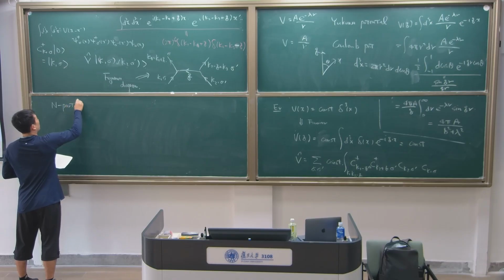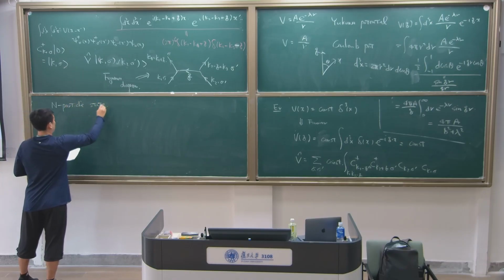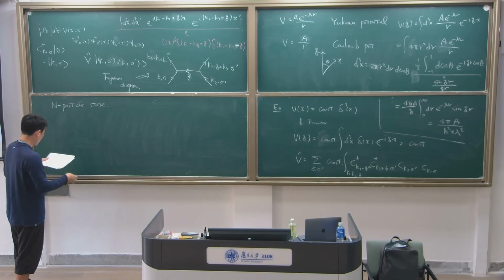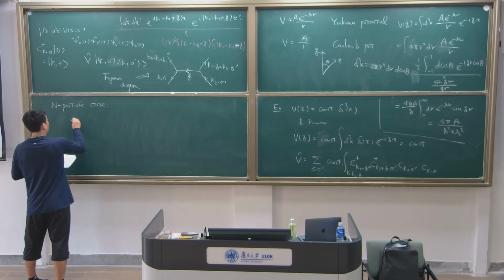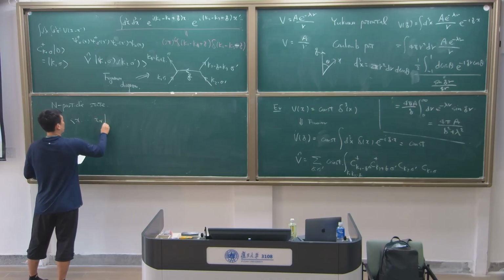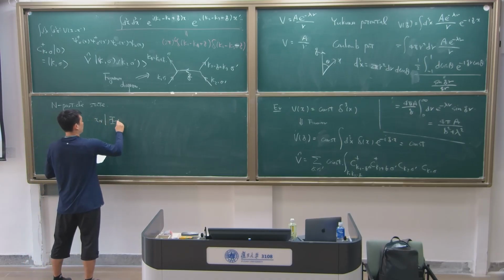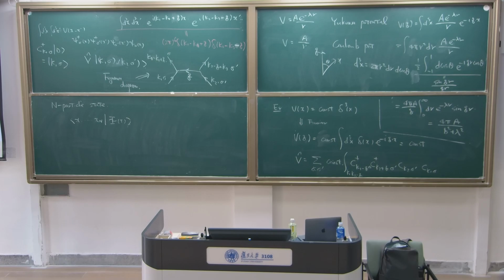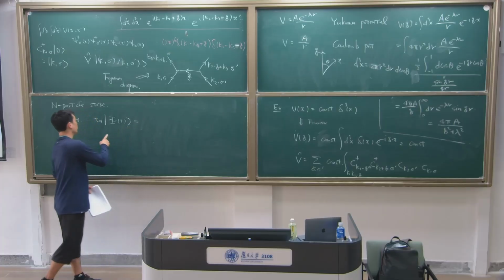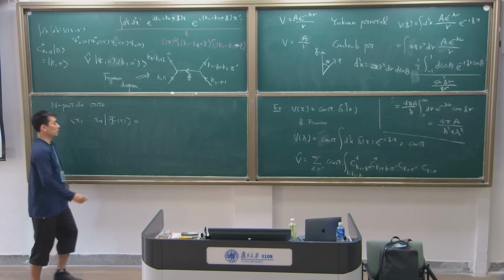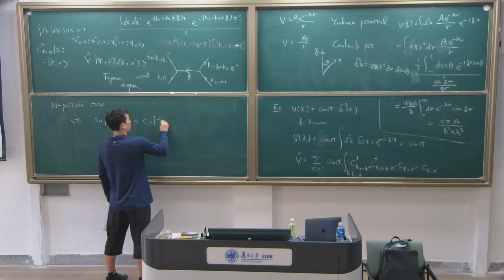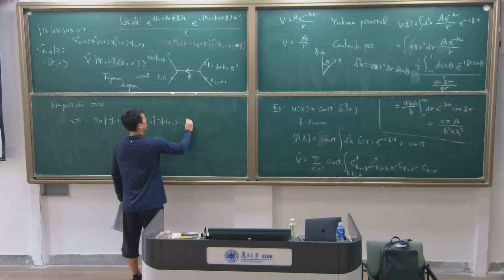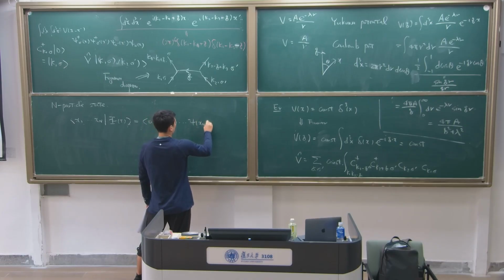So the n particle state is some overlap between electrons, of x_n with psi of t. That's what we learned last time. So this is the overlap between some wave function and the n particle state. Essentially this is zero of psi of x1, psi of x_n, and then psi of t.